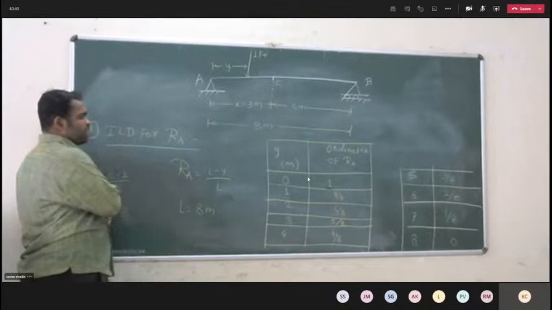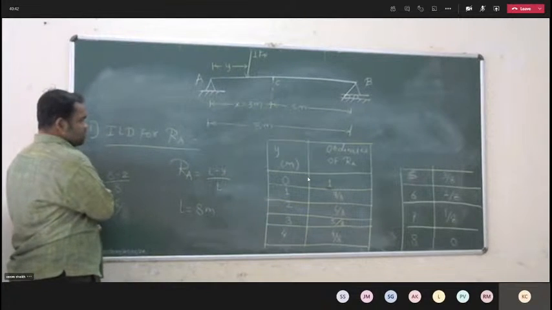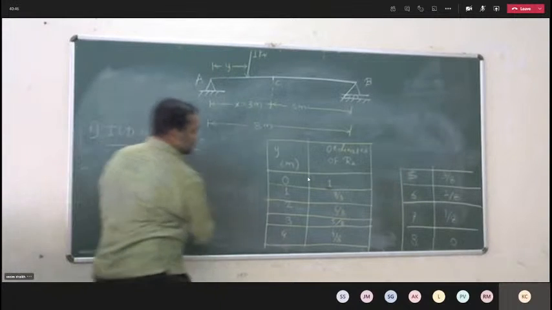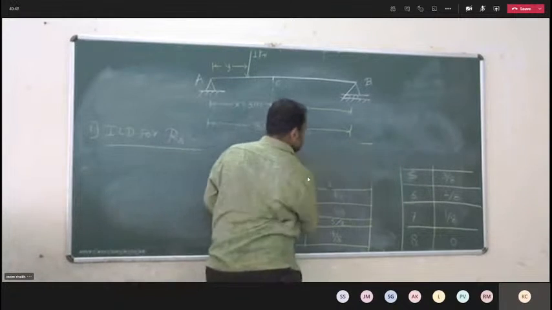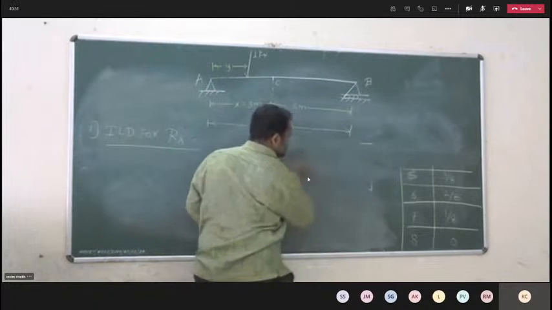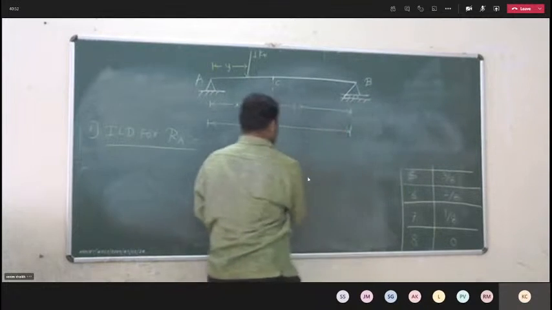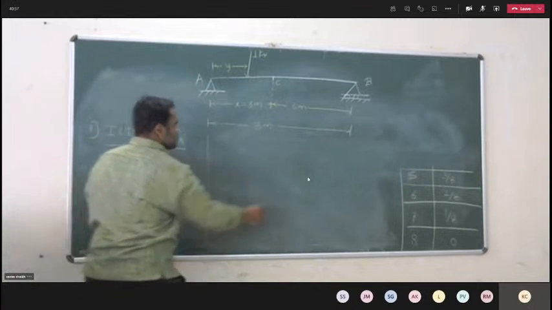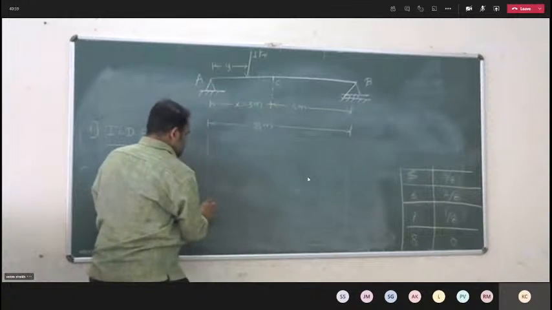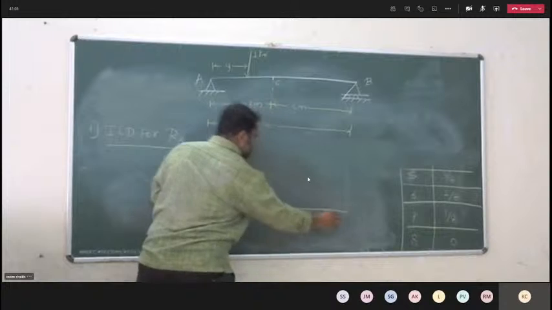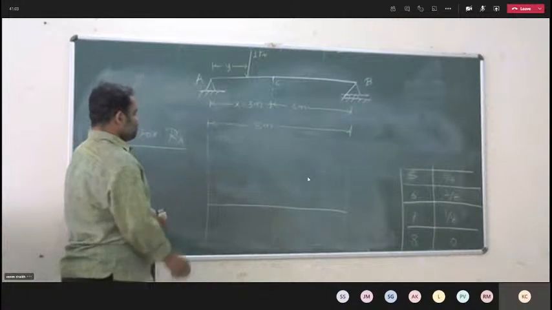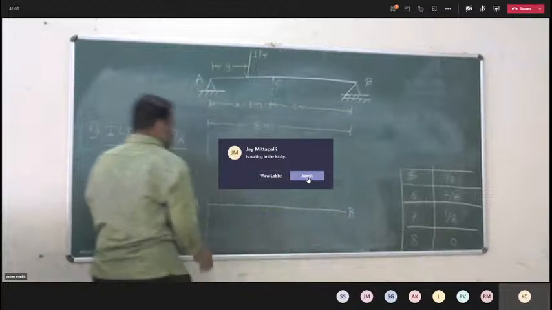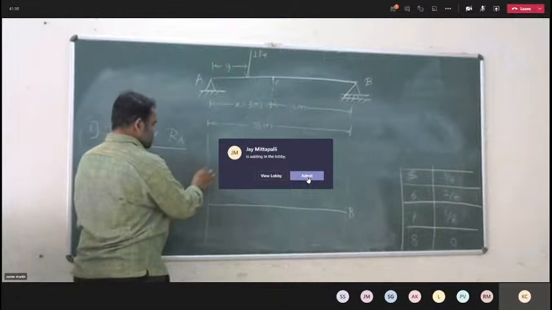Okay. So now I have to draw the ILD for reaction RA, by considering the table. So at A, Y is 0, ordinate is 1.